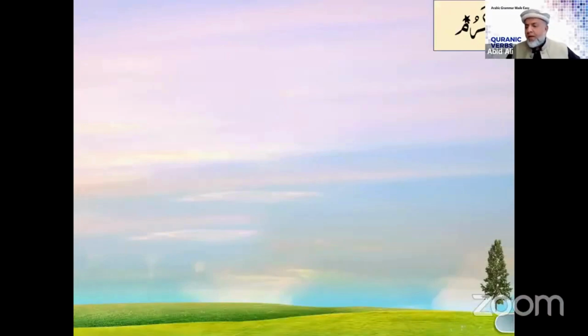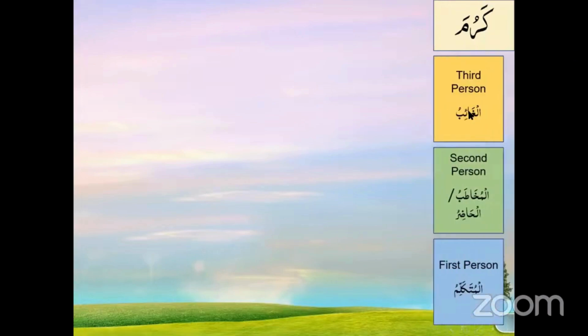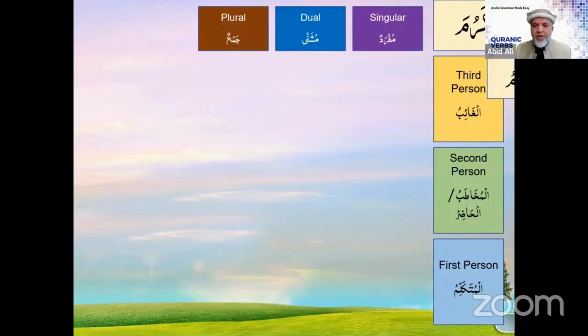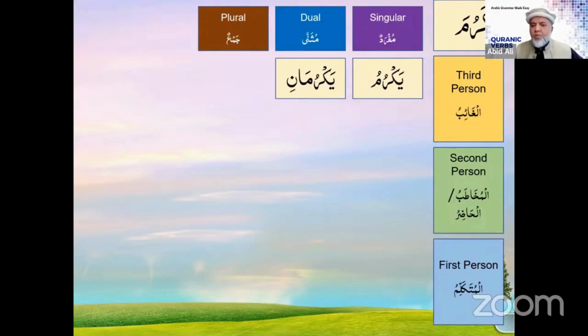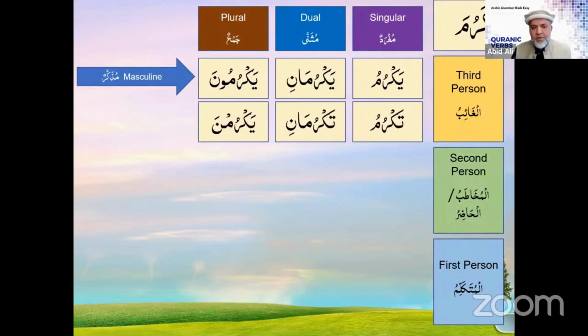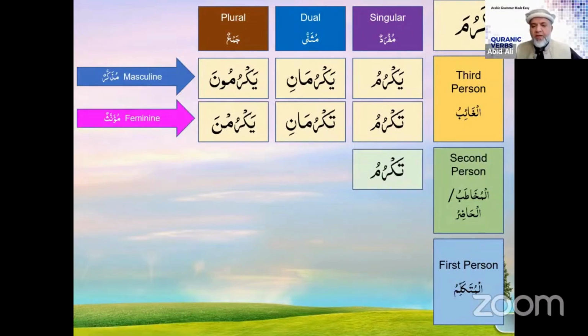So karuma, have we looked at karuma before? Yes, we have. So let's put it in the 14 variations. It's going to become yakrumu, yakrumani, yakrumuna, takrumu, takrumani, yakrumna. Okay, that's for the female.